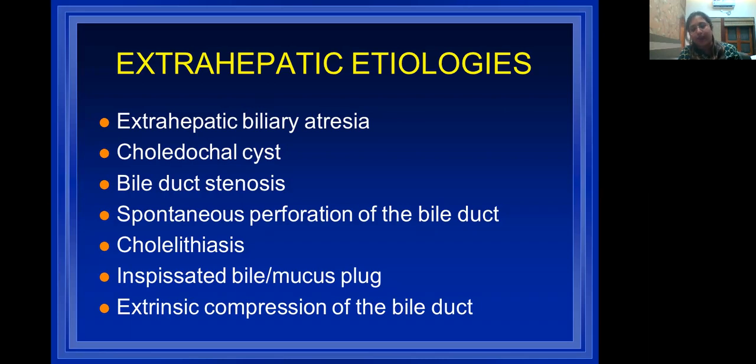We have to keep in mind that in these cases the liver function is almost normal. The liver is able to produce the bilirubin, but the clearance of conjugated bilirubin is not occurring. So it is basically a difficulty in the biliary tree.